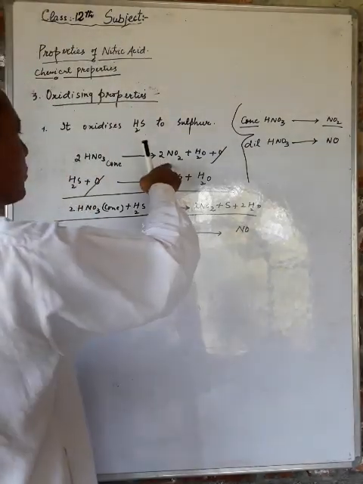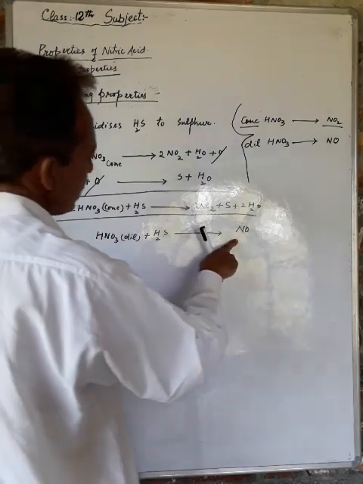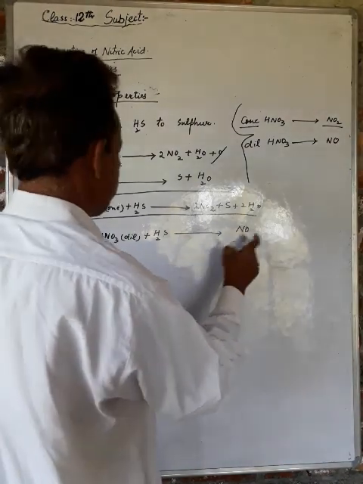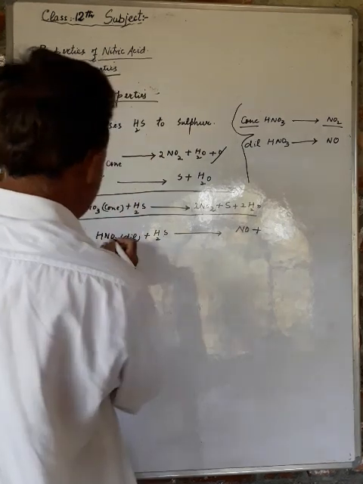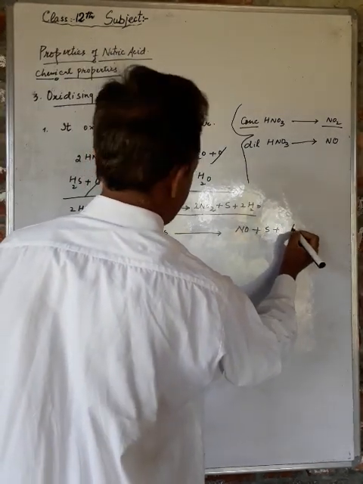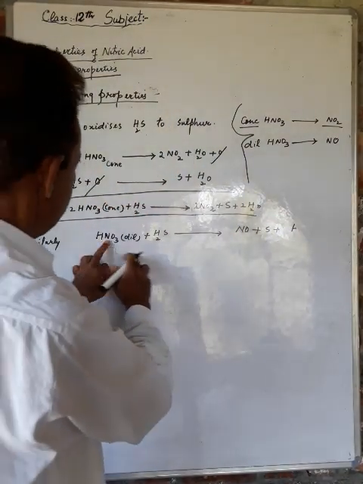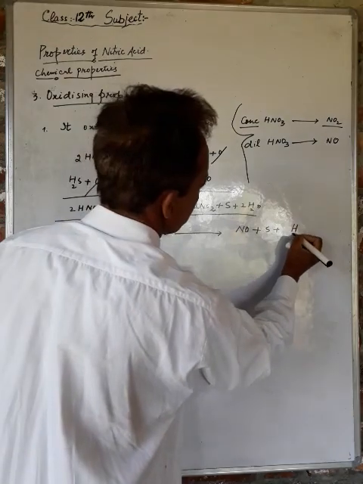Here it was reduced to nitrogen dioxide. Nitric oxide NO plus S plus H2O.